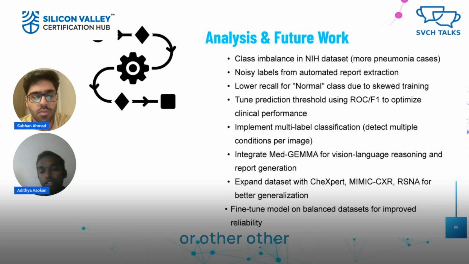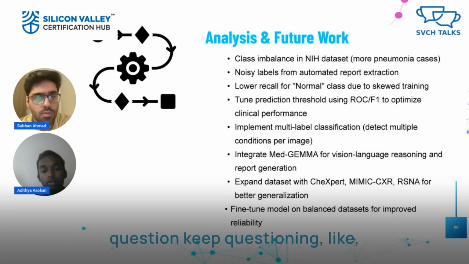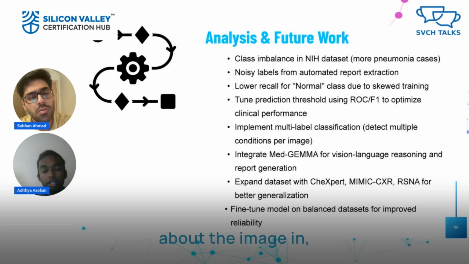We are also thinking to integrate MedGemma for the chest X-ray images. Basically, with MedGemma you input a chest X-ray image, and it tells you all the analysis of that X-ray image, says what kind of diseases it has. And we can also keep questioning about the image in every different way.